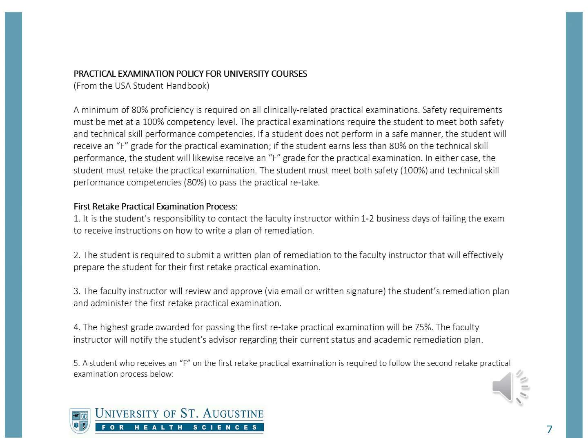You'll submit that email and your instructor will review it. If that remediation plan seems appropriate, the faculty will then schedule you for your first retake when that schedule is available. If you pass your first retake, then you will receive a maximum score of 75% for that practical exam.